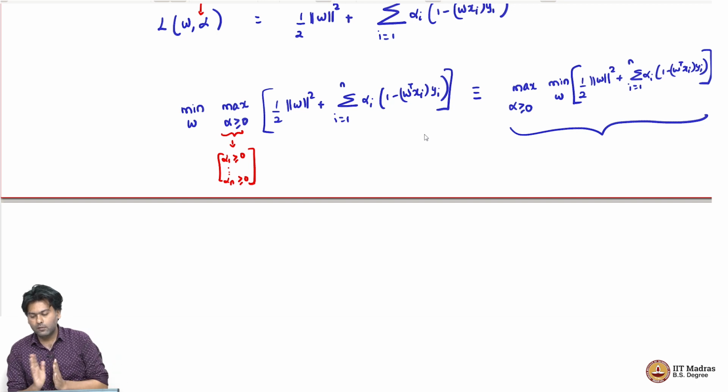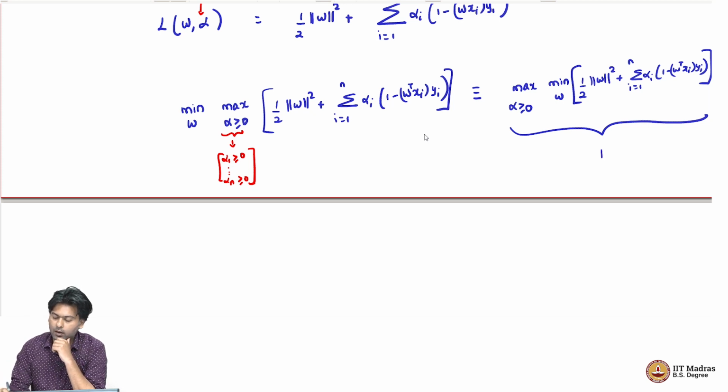Now, the reason why the problem on the right hand side might help us is because of the following fact. Earlier, if I fix a W and try to evaluate the max problem, that is a maximization over alpha greater than or equal to 0.